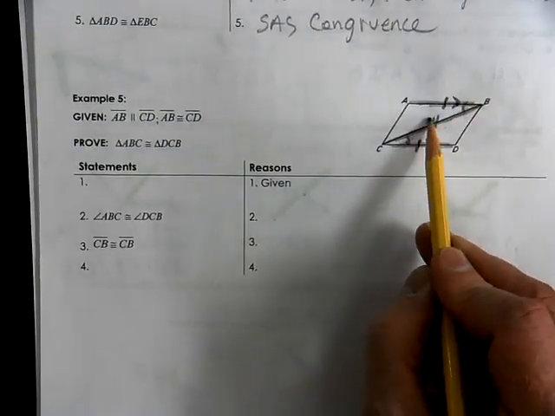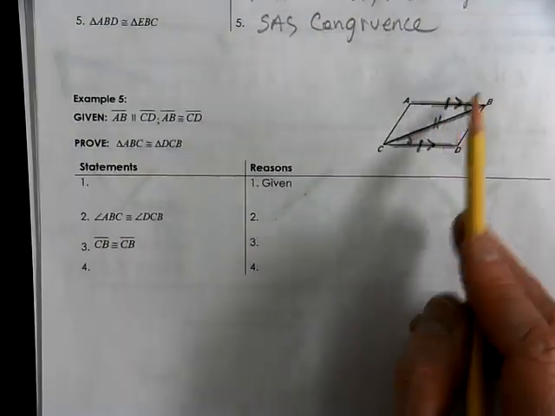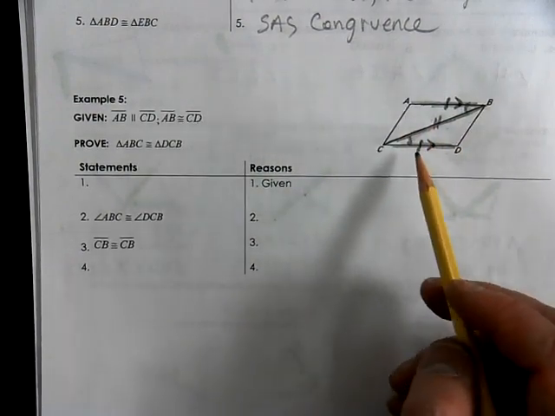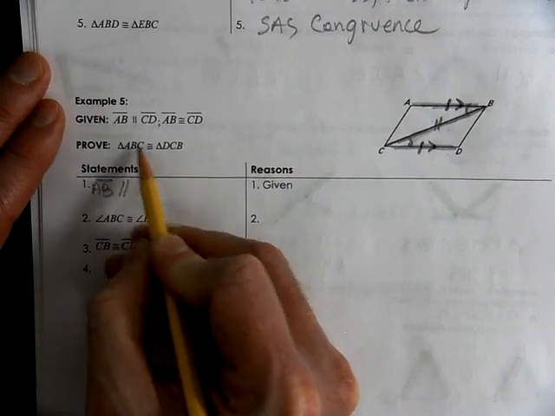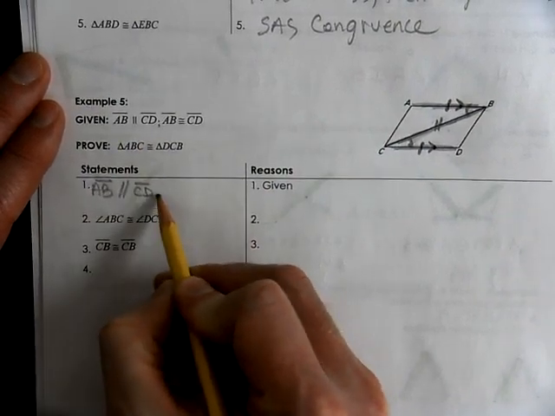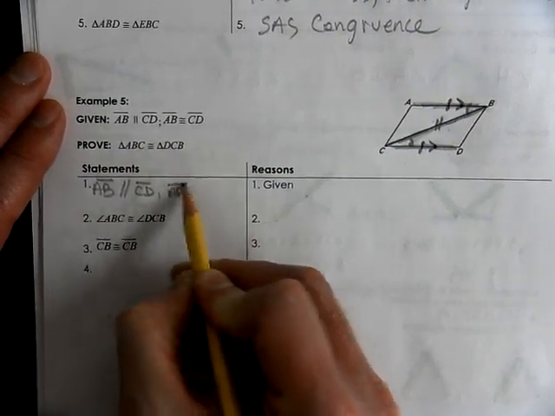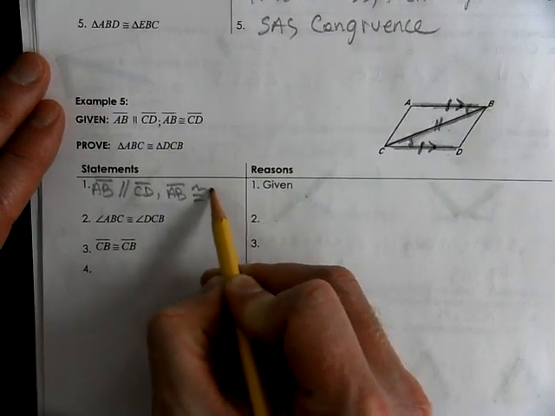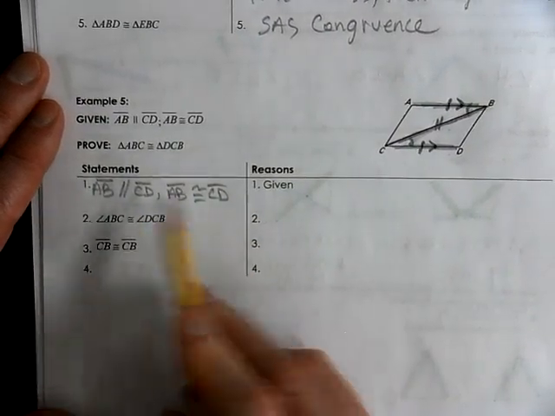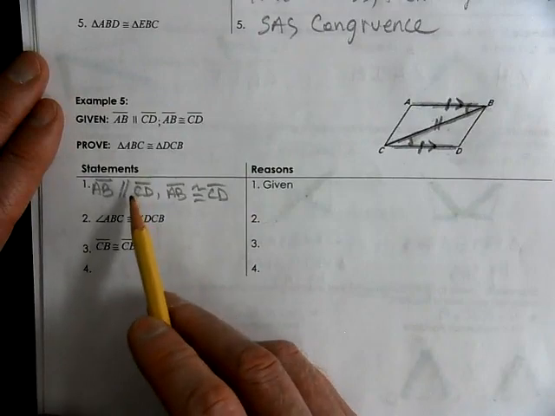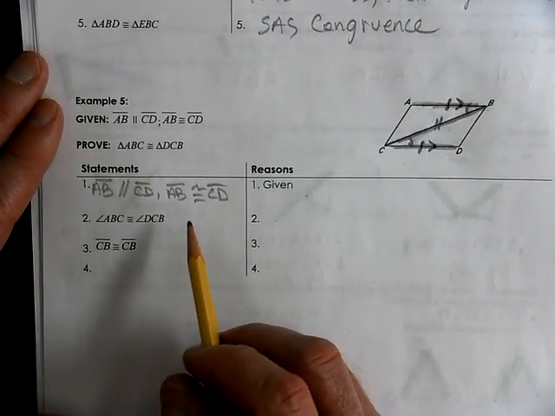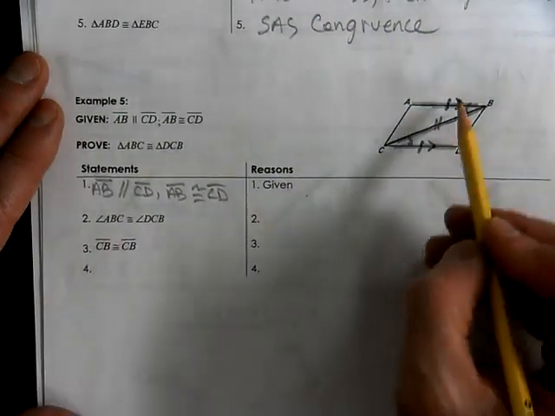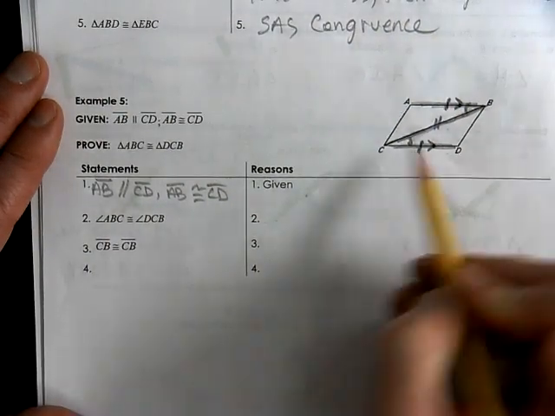Now I have a side angle side. I'm ready to do my proof. I've convinced myself this is possible. So I know that segment AB is parallel to segment CD, and segment AB is also congruent to CD. They have to state them both because just being parallel does not make them congruent. All right, so we know that for sure.